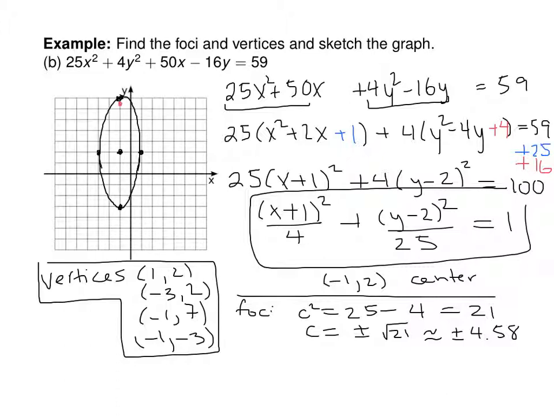Now the coordinates of those foci, they will both have an x-coordinate of -1, and we went root 21 up from that center, so we'd have -1, 2 plus root 21, and -1, 2 minus root 21.